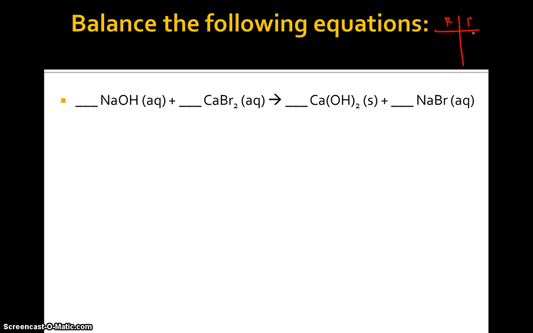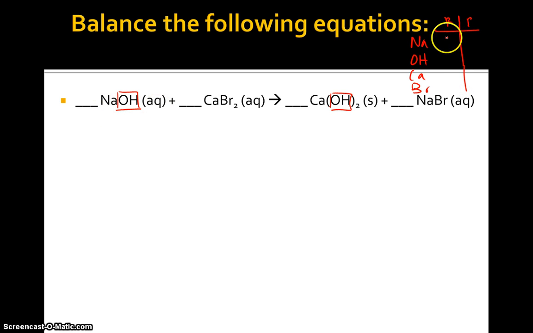So on my reactants, I've got Na. Now, see how you've got a hydroxide group here and a hydroxide group here? If you have the same polyatomic on both sides, I like to put it in a box, because what you can do is balance it as a whole polyatomic group. So I can balance my OHs, my Cas, and my Brs.